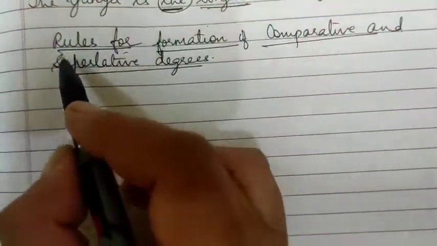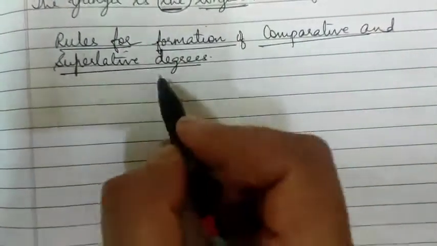Now see children, we are going to start with rules for formation of comparative and superlative degrees.